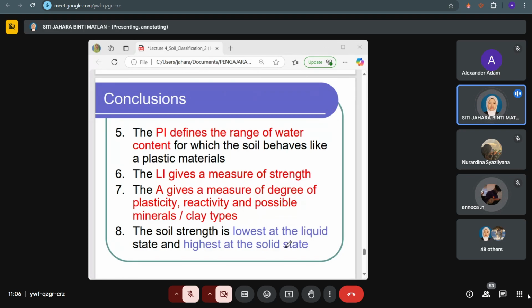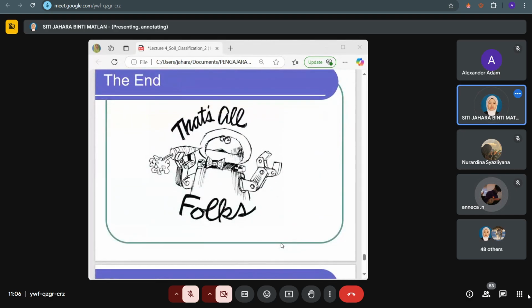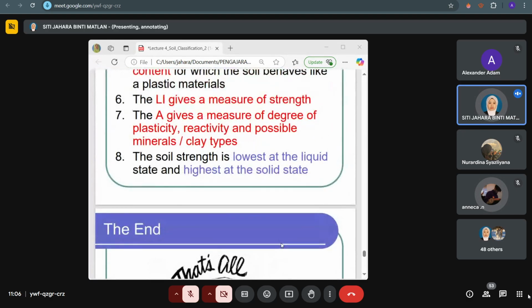Lastly, soil strength is lowest at the fluid state and highest at the solid state, as I said earlier. Clay behaves differently with moisture content. Soil strength is lowest at the fluid state, with higher moisture content, and highest at the solid state, in the dry condition. That's the conclusion for today.